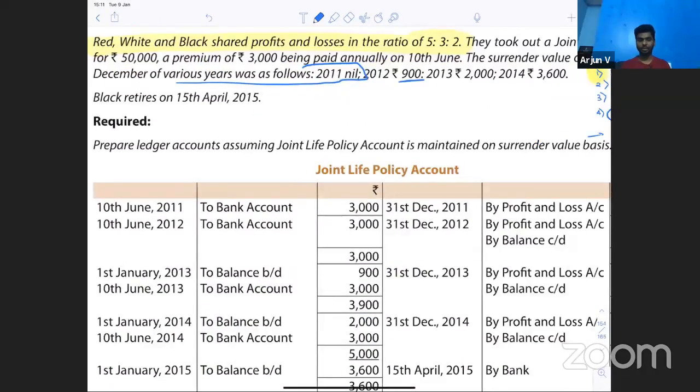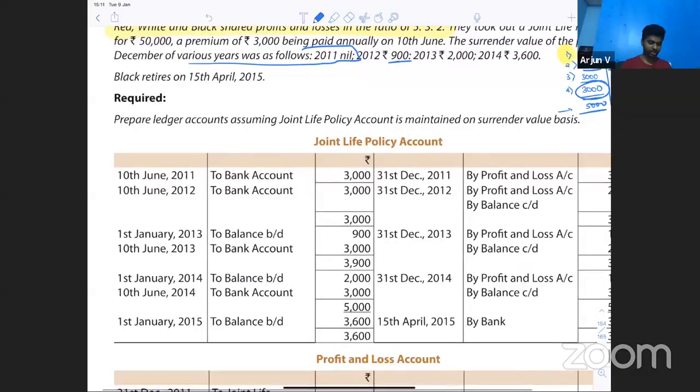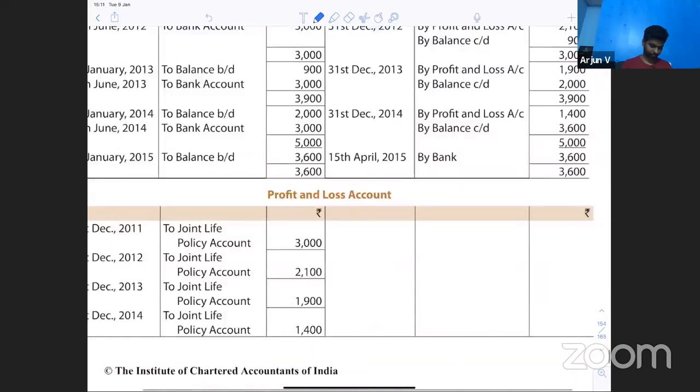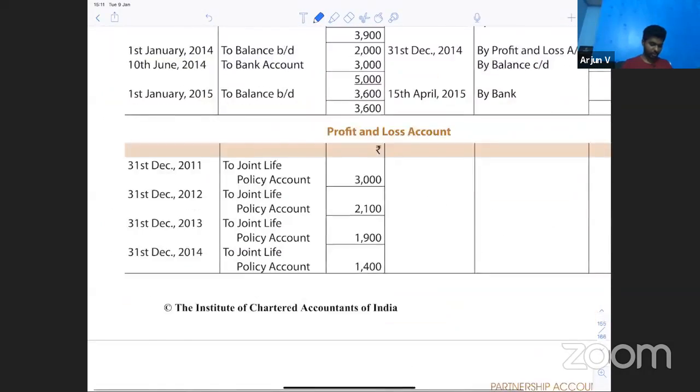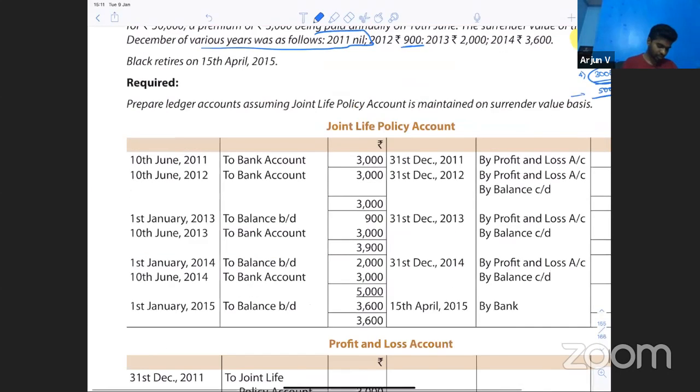Guys, are you clear? Now, see here the way journal entries work. When you pay the insurance, JLP account debited to bank account, 3,000, on the date of payment.